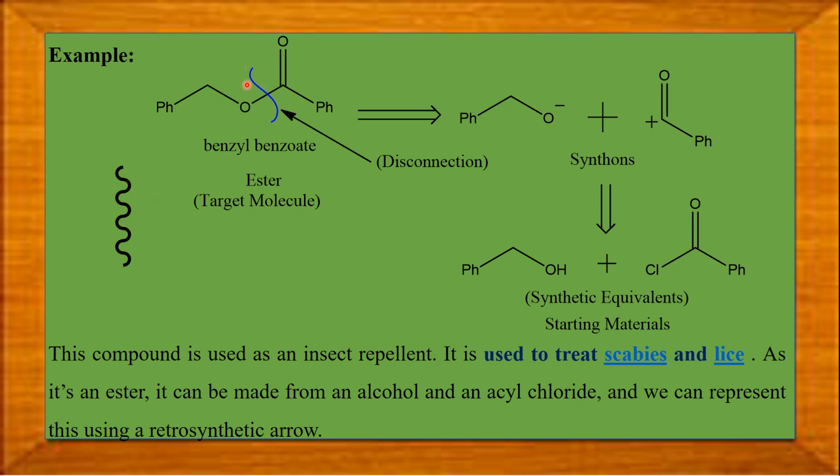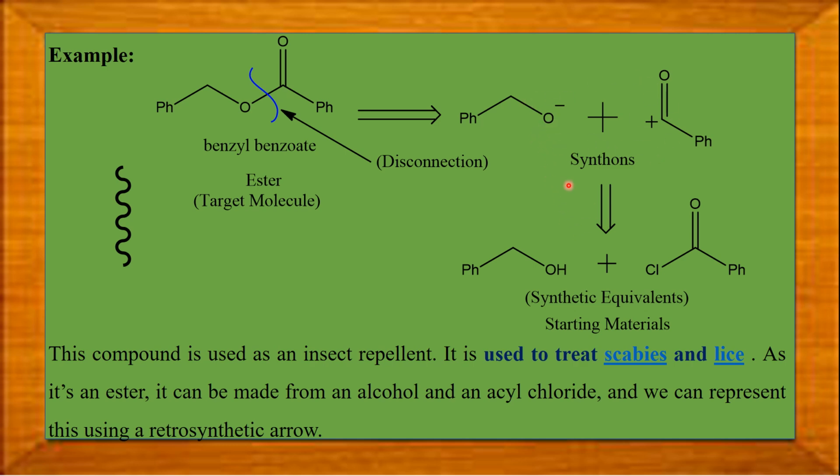So we do a disconnection here and we put minus on oxygen, plus on carbonyl, because the electronegative atom oxygen can take up negative charge, so that these are logical synthons. Reasonably stable synthons are called logical synthons. So these are the synthons for this target molecule, and we look for the synthetic equivalents for these synthons.